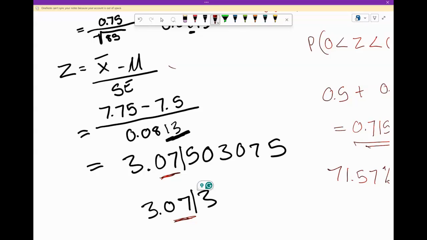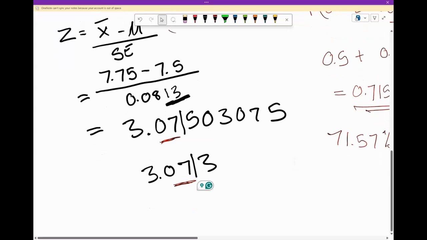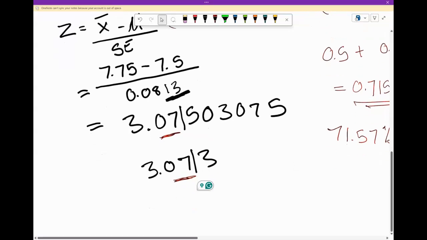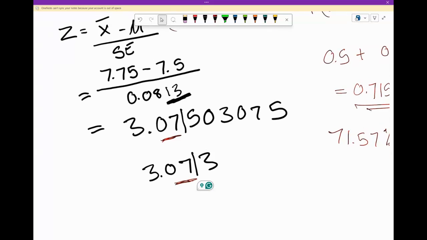So you will all get the same probability. Makes sense? Okay. 3.08? No, don't round. Don't round, because remember, the Z-score, we are still working with it to get to our probability. Okay, right.